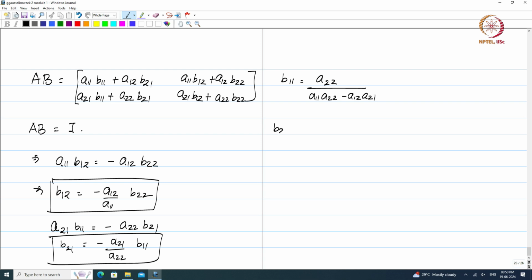Similarly, B22 will be A11 by A11 into A22 minus A12 into A21.